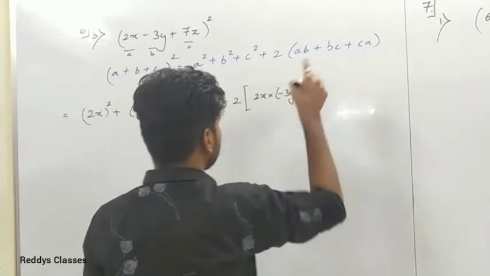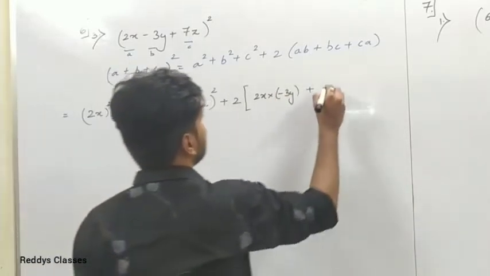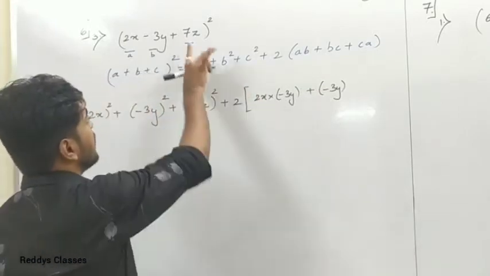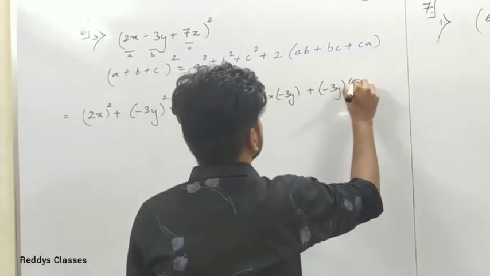Plus bc means minus 3y times 7z. Always use the minus terms in brackets, make sure about it.